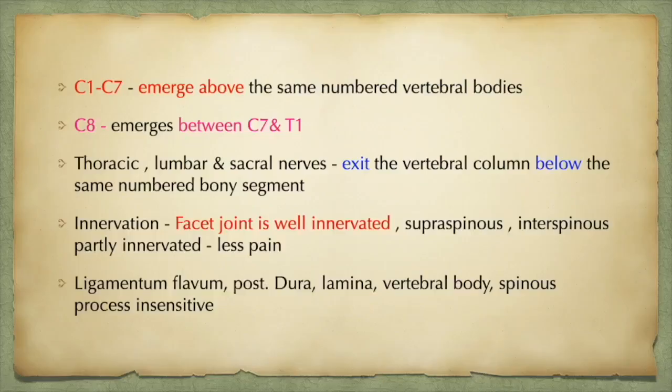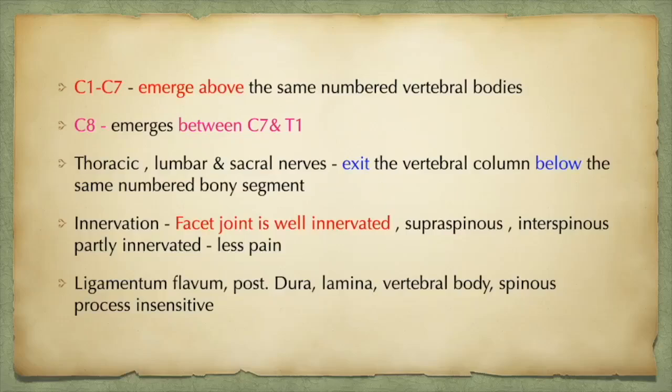Coming to the spinal nerves, there are 7 cervical vertebrae but 8 cervical segments in the spinal cord. The cervical spinal nerves emerge above the same numbered vertebral bodies, but C8 emerges between the C7 vertebra and the T1 vertebra. The thoracic, lumbar and sacral nerves exit the vertebral column below the same numbered bony segments.